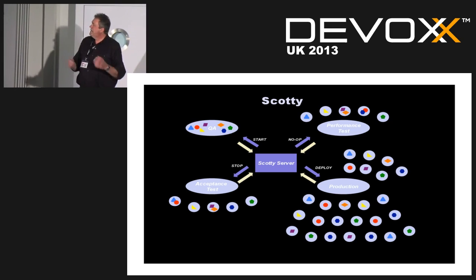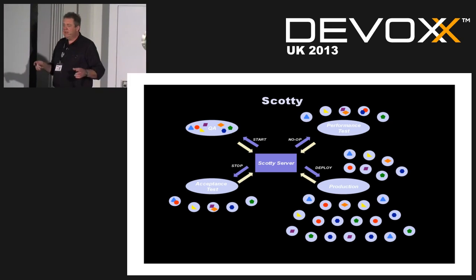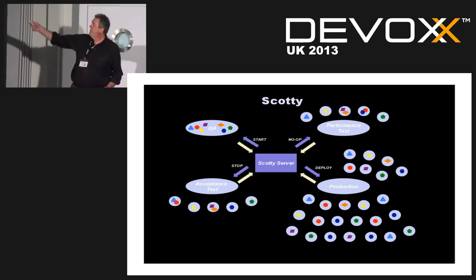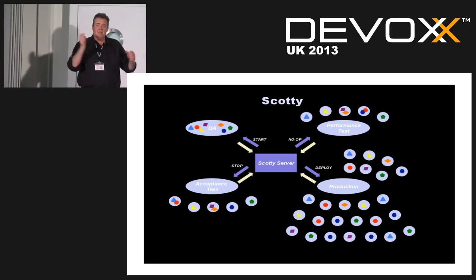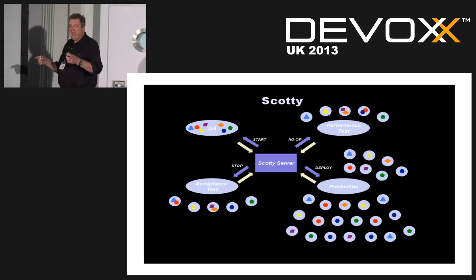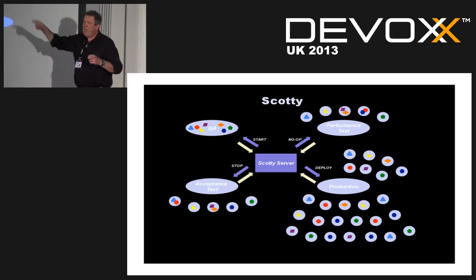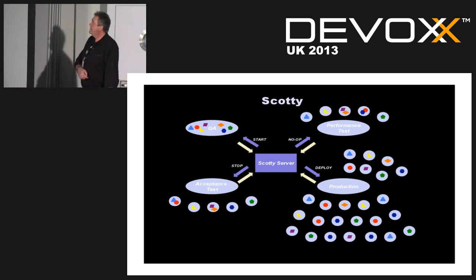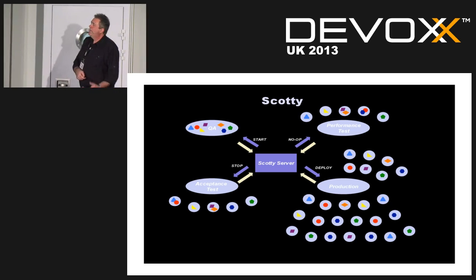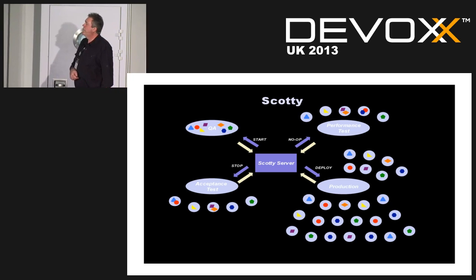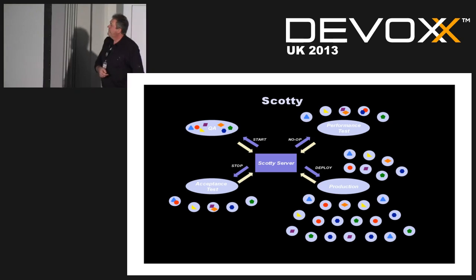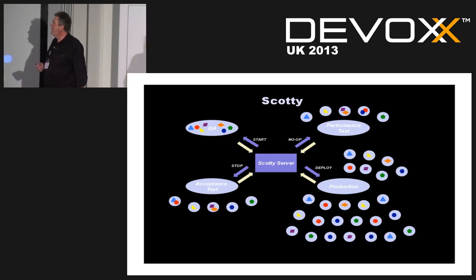And then each node where the application could be deployed, whether it was a manual test environment, a performance test environment, acceptance test, or production, would run an agent, which would periodically ping back to the Scotty server and say, "Do you have any work for me?" And Scotty would reply with simple instructions like start, stop, nothing to do now, or deploy.